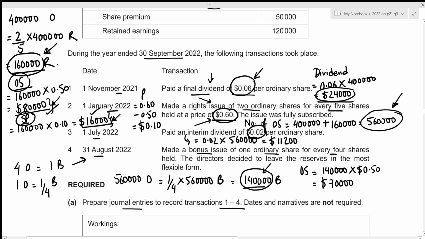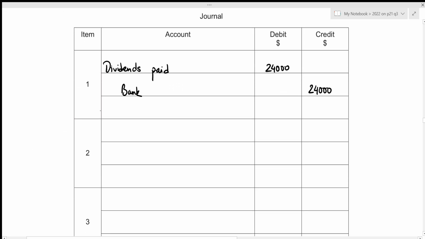So on our debit side, we will be recording bank with the amount 96,000, and on the credit side, we'll be recording our share capital with the value 80,000 and share premium with the value 16,000. Let's write it down. That's going to be bank with the amount of 96,000. And this 96,000 is funded by our share capital, and it only funds the 80,000 value, and the remaining value is funded by our share premium with the amount of 16,000.